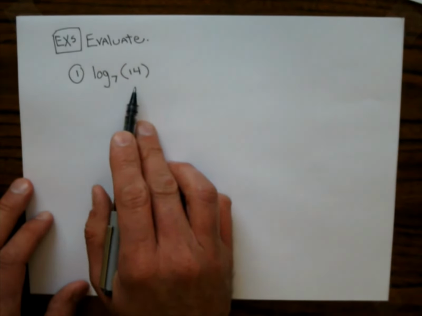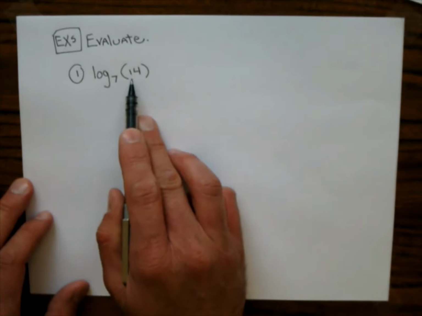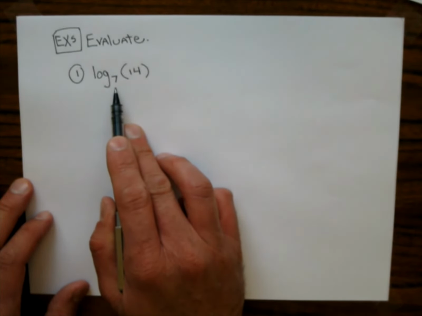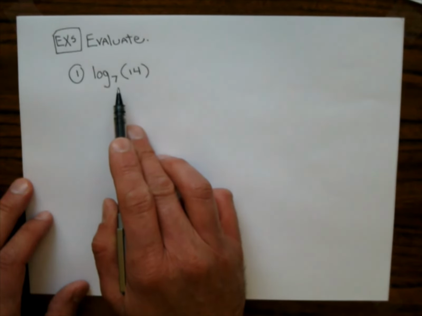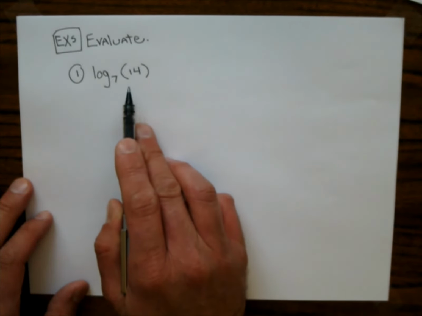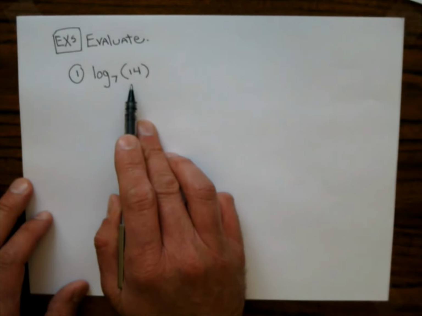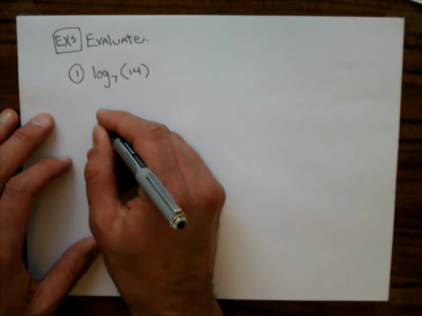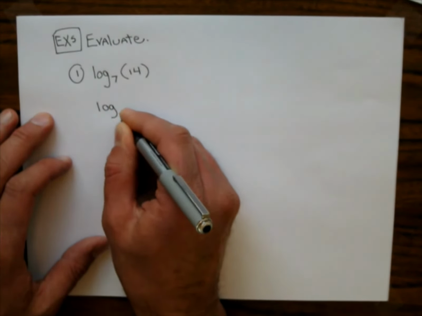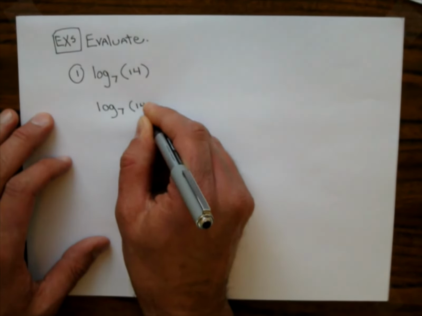Okay, so this right here, there is no common base between 7 and 14. We may have put this problem up in 6.1. I don't know if we did, and then we said we cannot do this yet. Now we can. So how are we going to do this problem? Log base 7 of 14.